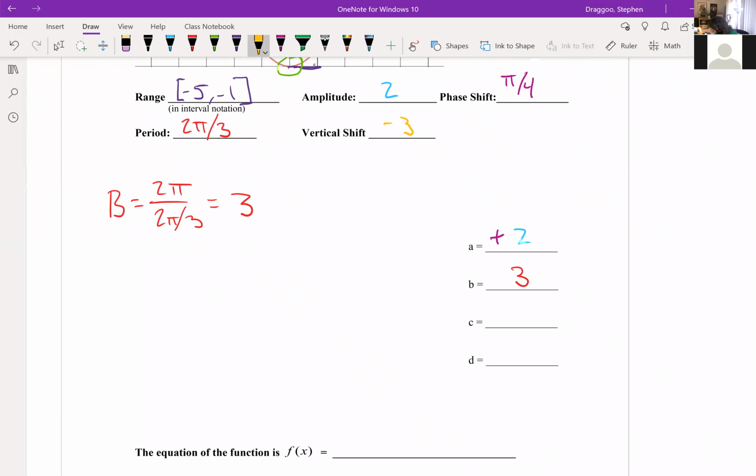We can just get the vertical shift. So -3, because D and the vertical shift are always the same. The only thing we're missing is C, which should be B multiplied by the phase shift. So 3 pi over 4.